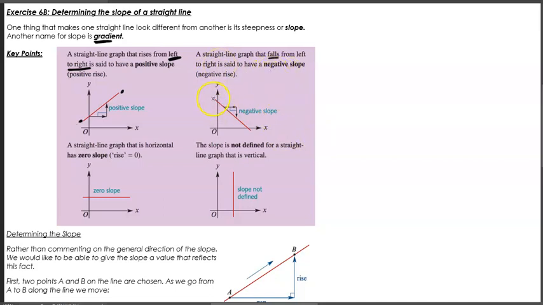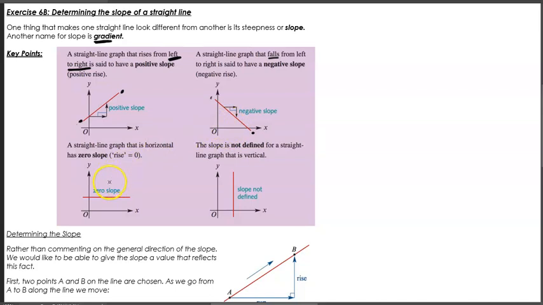From left to right, from here to here, it is going down on the page. Every time we go right, we are going down. We always interpret it as going right. We never go left. And from that point, are we going up or down? In this case, when we go right, we're going down the line. So this is considered a negative slope, or a negative gradient.